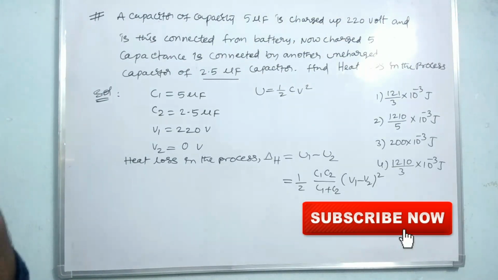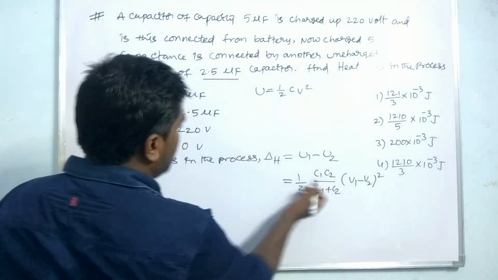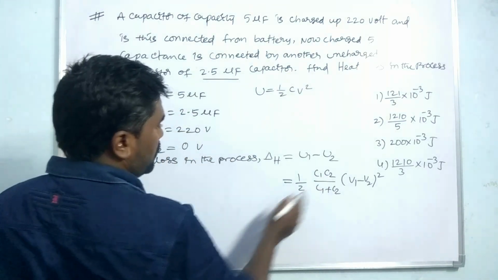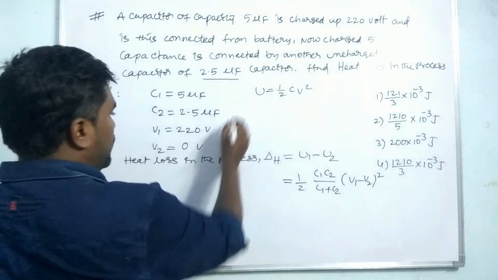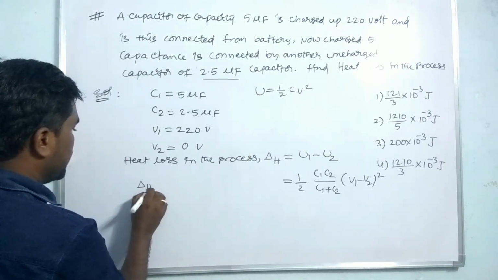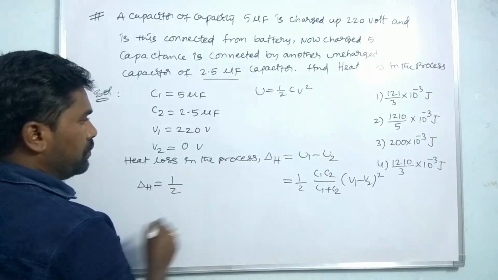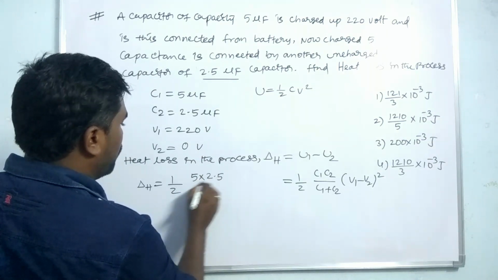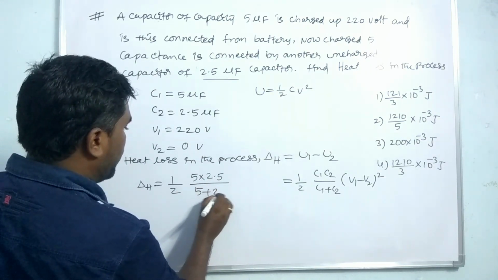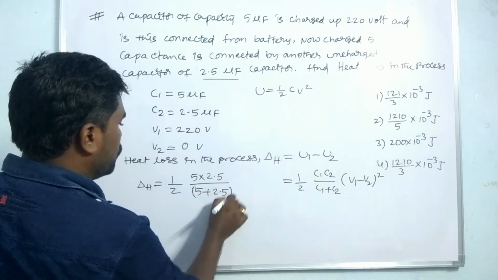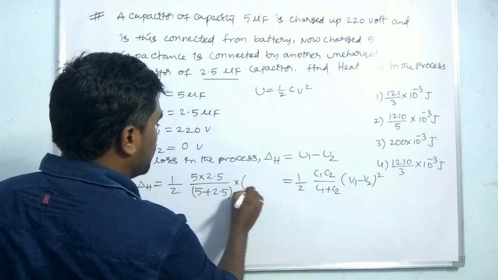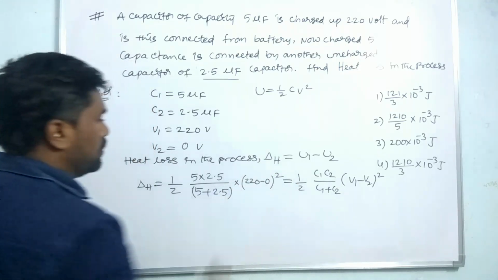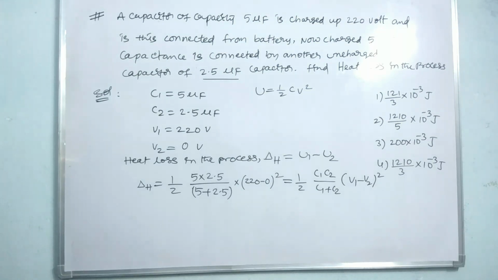Where C1 is 5 microfarad, C2 is 2.5 microfarad. So delta H is equal to 1 by 2 into 5 into 2.5 by 5 plus 2.5, into V1 minus V2, that is 220 minus 0 whole square.